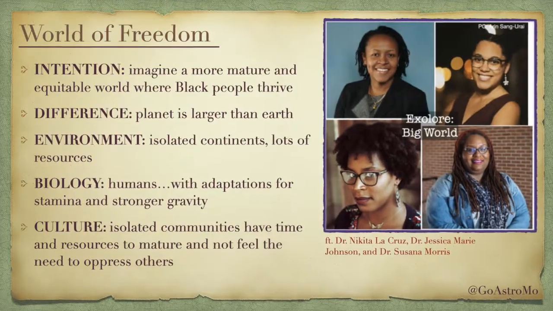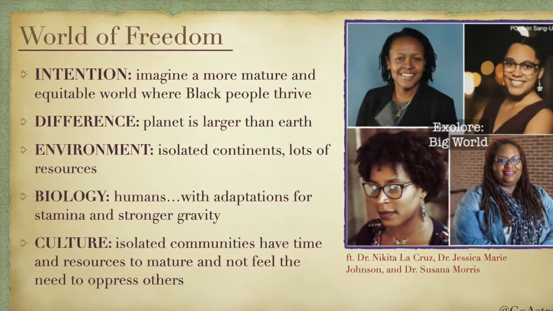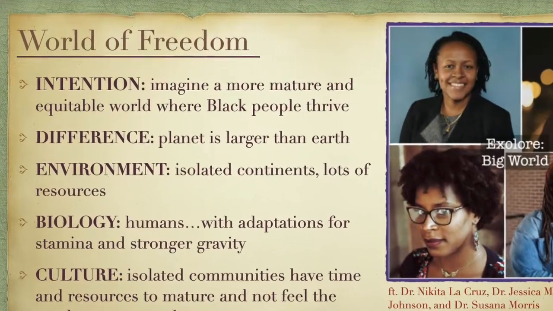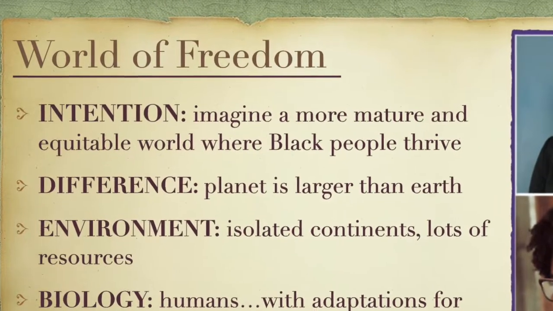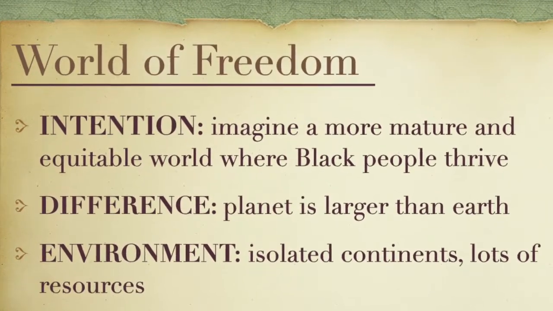So the difference was that the planet was physically larger than Earth. It was as large as a planet can be without crossing the boundary between rocky and gassy planets, which we think is around a little bit more than 1.5 times the size of Earth.